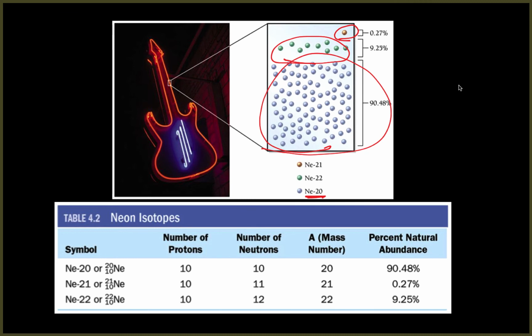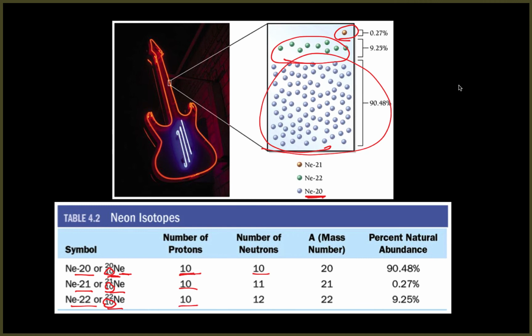If you look at the bottom, you can see the notation for those 3 different types of neon. So neon-20, here's another way to write it, neon-21, and neon-22. And notice at the bottom, all of these have 10 because 10 is neon's atomic number that identifies it. So if that bottom number changes, it changes what the element is. The other thing you can look at is the number of protons, neutrons, and the mass number. There are 10 protons, the same number of protons, because, again, that identifies the element.